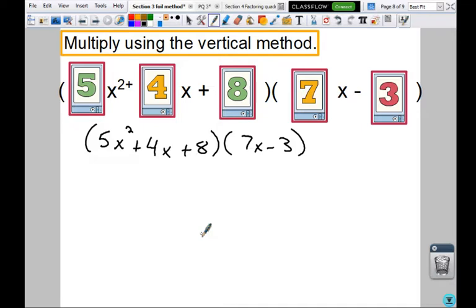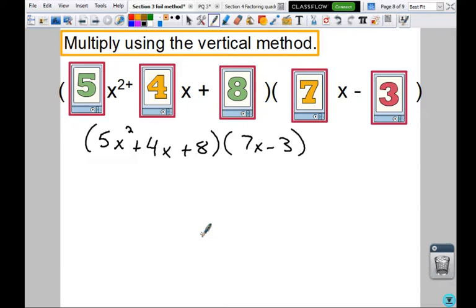Okay. Oh, I messed up something. Is that not say 4x? Okay, now I gotta put them all together. But remember, 7x minus 3, 7x minus 3. Okay, so that top part's right.